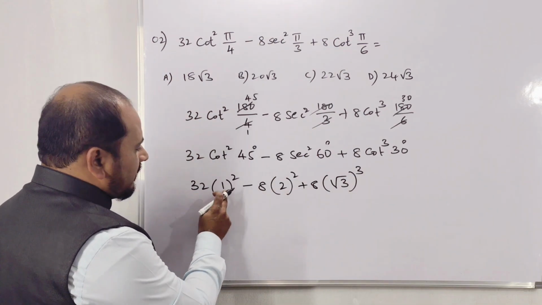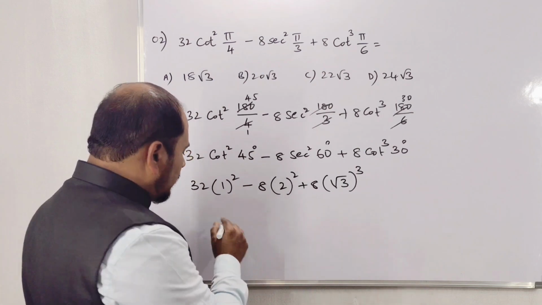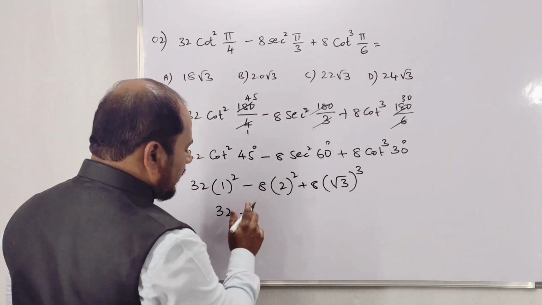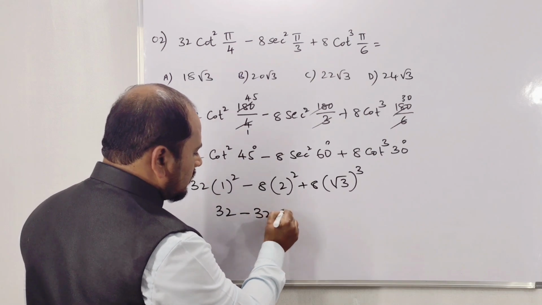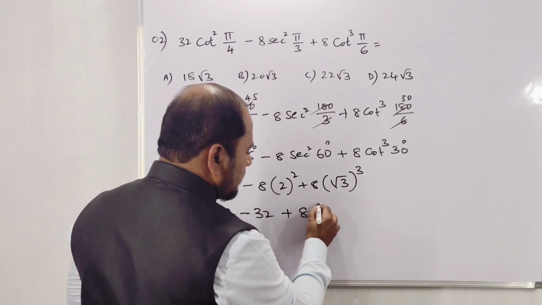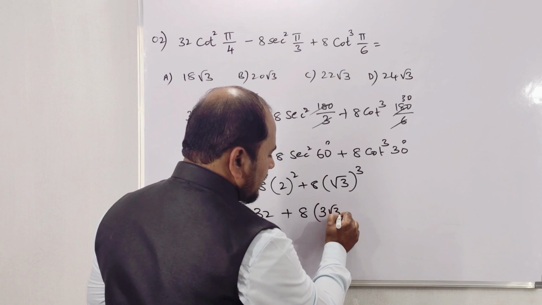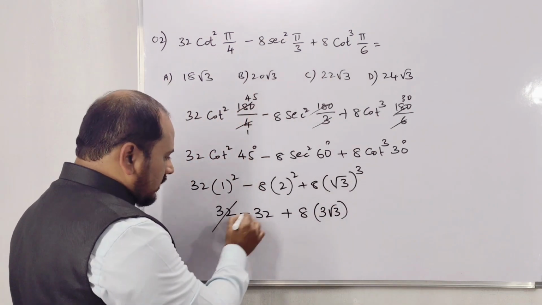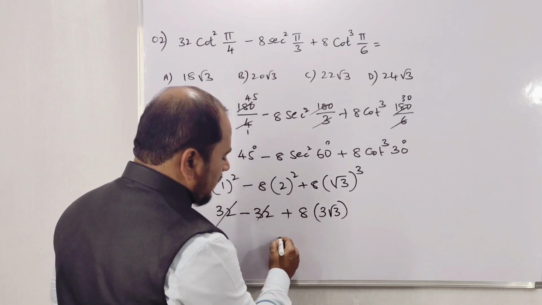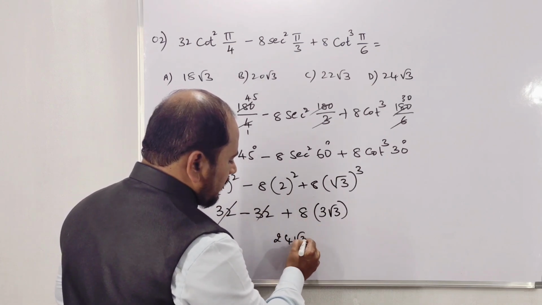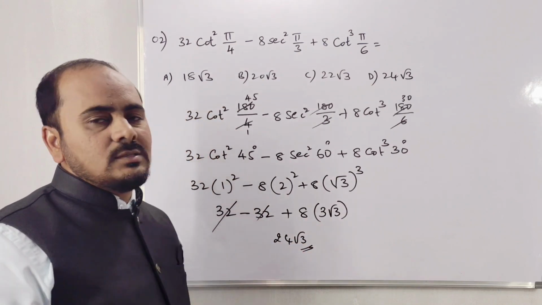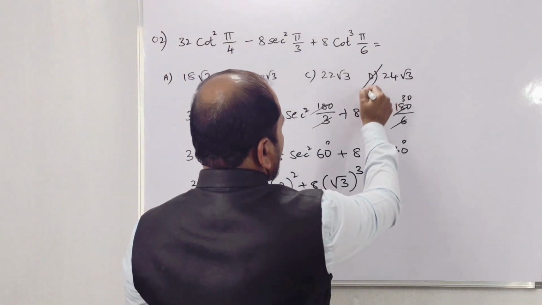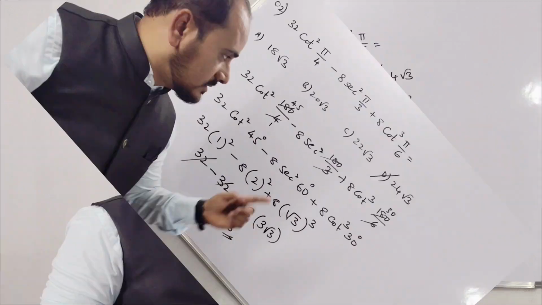Now directly we can simplify. 1 square is 1. 32 into 1 is 32, minus 2 square is 4, 4 into 8 is 32, plus 8 into root 3 whole cube can be written as 3 root 3. Already sirs, we have studied this one. Now 32 gets cancelled. 8 into 3, 24 root 3. This is the answer, my dear. So 24 root 3. Do we have the option here? Yes, in option D. This is the answer.